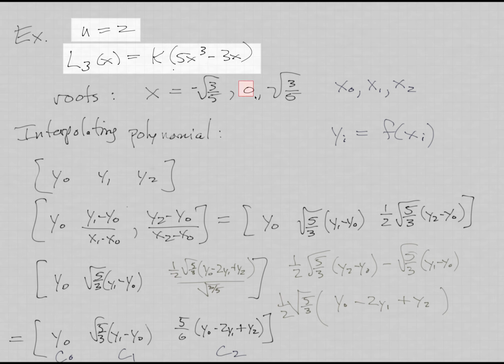It's obviously got one root at 0 because both of these terms have an x in them. It's also got a root at negative radical 3 over 5 and at positive radical 3 over 5. So I'll call those 3 points x0, x1, x2. Those are going to be the 3 sample points where we're going to want to sample our function.